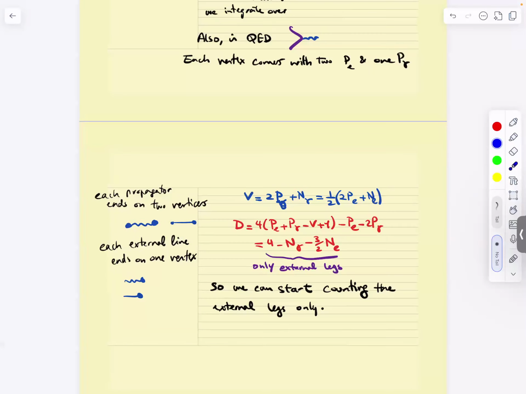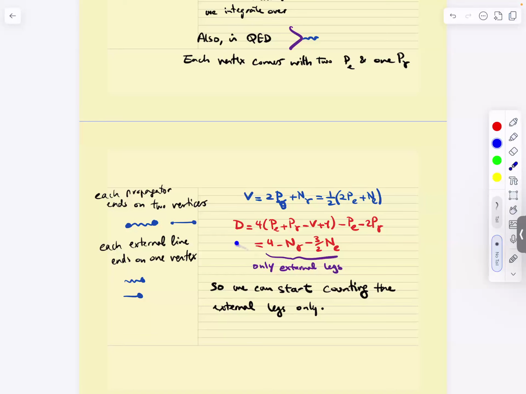And what you end up with, interestingly, depends only on the number of external legs. We're going to see in a bit that this is specific to QED in 4 dimensions. So some interesting cancellation happened, but this is just a simple exercise to plug them in.